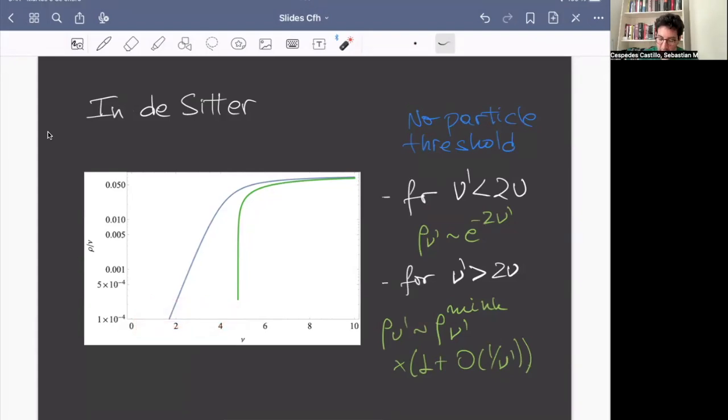Now for nu prime over 2 nu, the spectral decomposition in de Sitter tends to the Minkowski one, but there will be an error which goes as 1 over nu prime. In the end, this tells us that the approximation of considering the particles in the loops as if they were in Minkowski just gives a small correction that goes as 1 over nu prime, which we can neglect at first approximation.